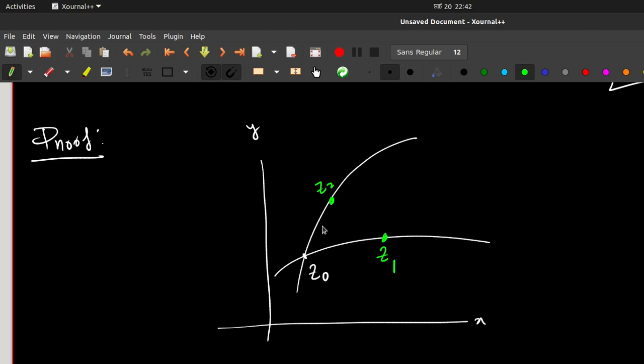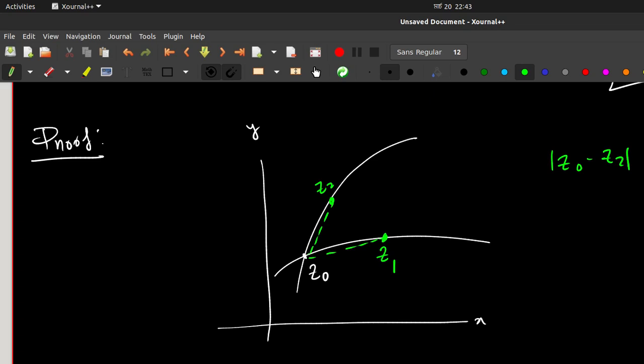The condition we are assuming for the simplicity of the proof is that the distances of these two points from z naught are equal. You can also do it by taking distances r1 and r2, but for simplicity we assume that modulus of z0 minus z2 equals modulus of z0 minus z1, denoted as r.